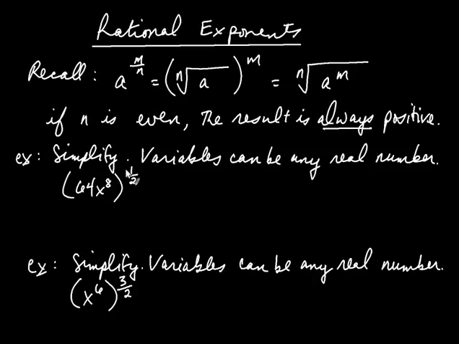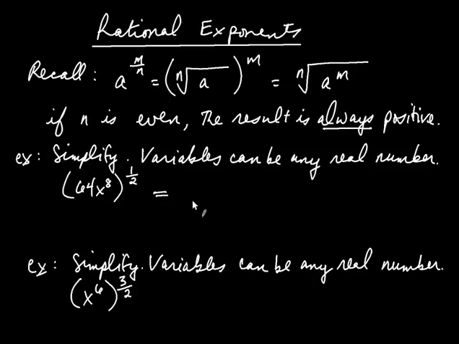So, for example, let's simplify. And here we're told, and the instructions are very important for these problems, that variables can be any real number, meaning variables can be positive or negative. So I have 64x to the 8th raised to the 1/2. I notice that the denominator is an even number, and so first I'm going to take the root. In this case it's the square root.